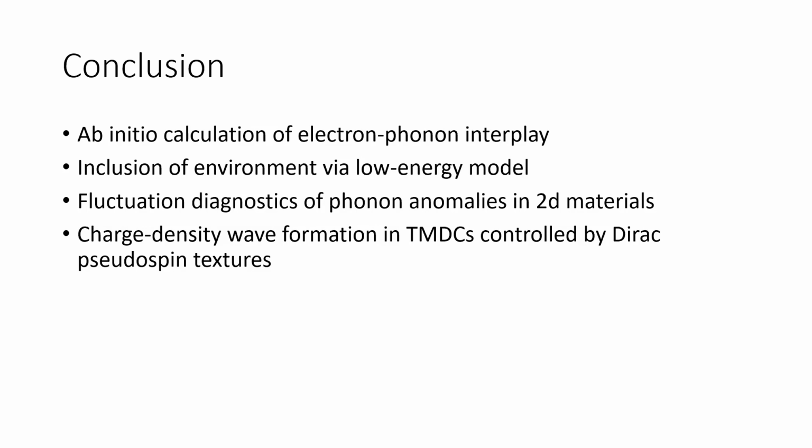And here, by doing the entire theory from ab initio, via a low energy model to the final results, we are able to control all of these steps. So I think these are some nice features of the theory that we've been developing.